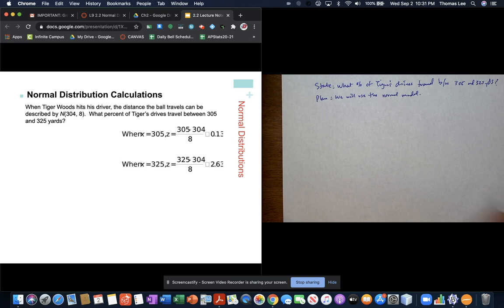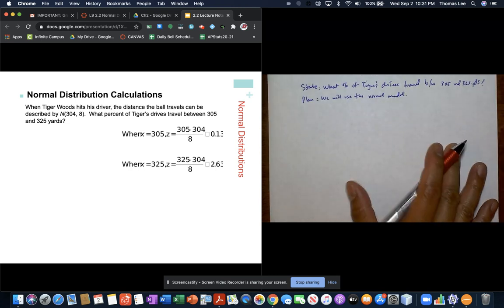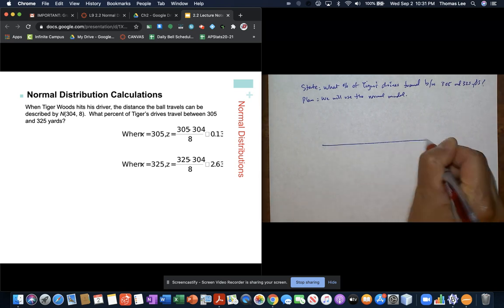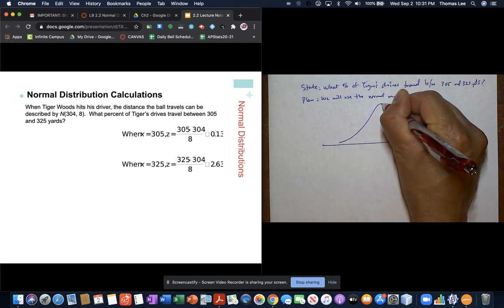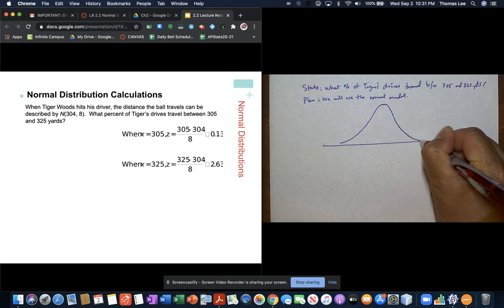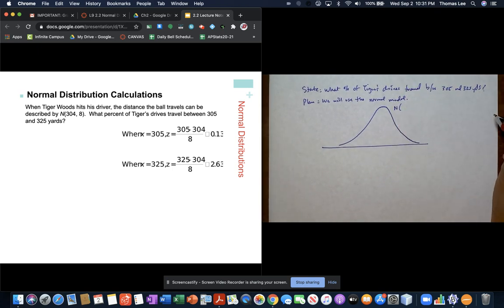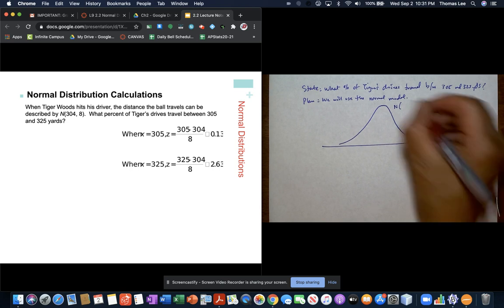We will use a normal model. Here's the normal model. We are given 304 and 8.